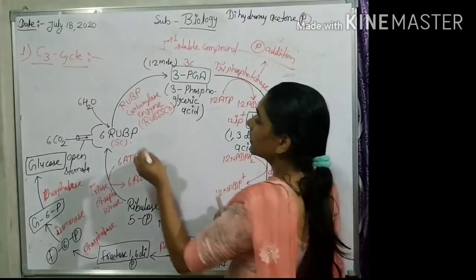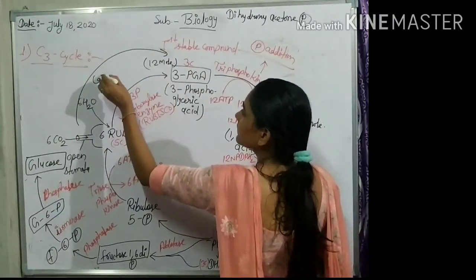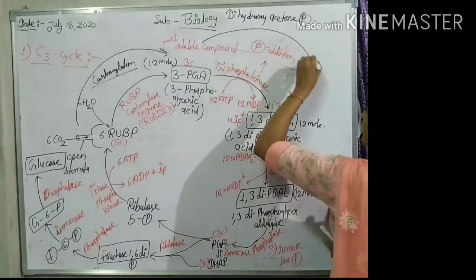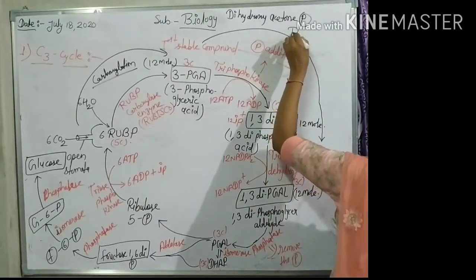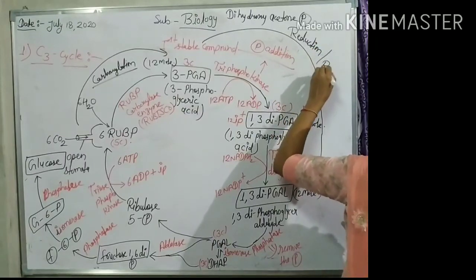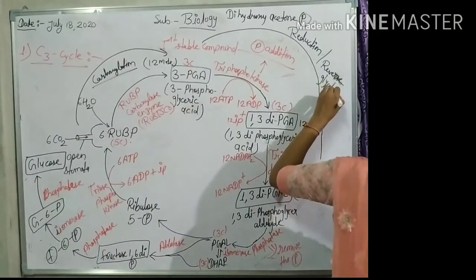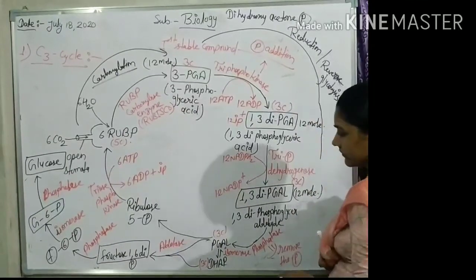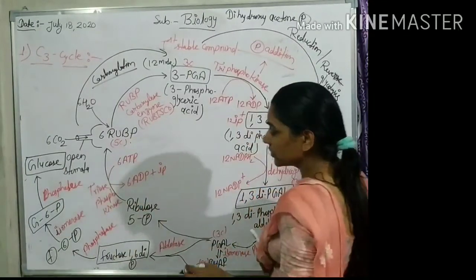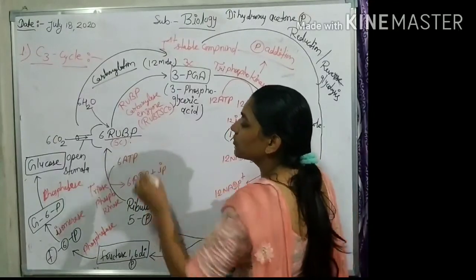Now 6 RuBP to 3-PGA is known as carboxylation, 3-PGA to 1,3-di-PGA is known as reduction or reverse glycolysis process, and from PGAL and DHAP formation of hexose sugar, and 10 molecules of PGAL plus DHAP regenerate the ribulose 1,5-bisphosphate.